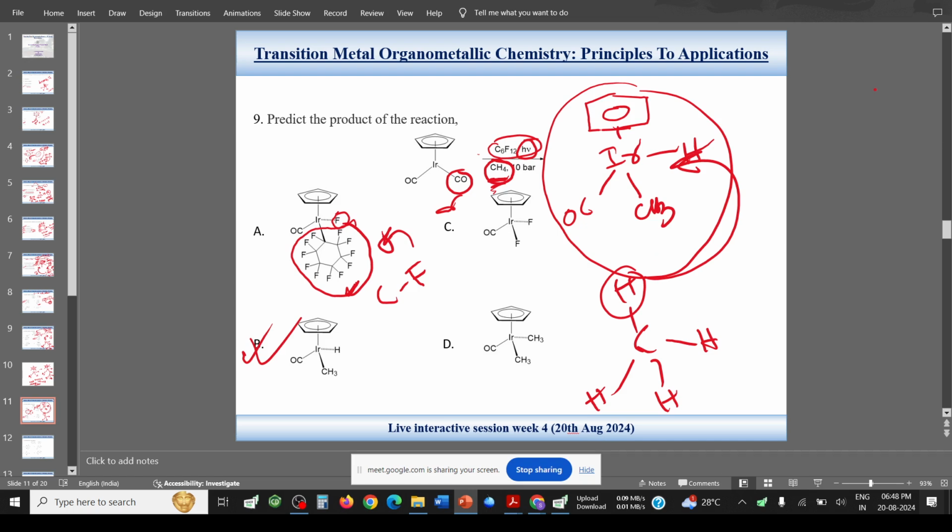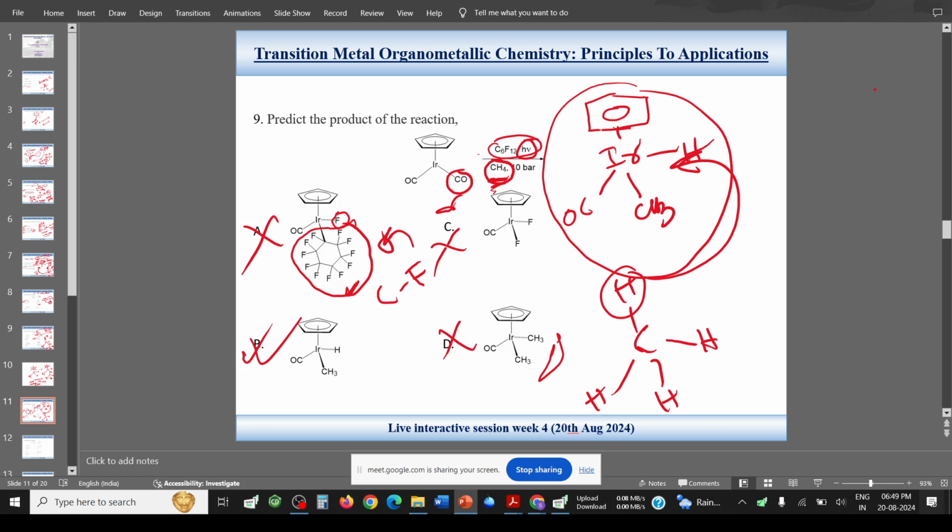The same thing happens for the C6F6: one fluorine goes to the metal center, and that carbon is attached to the iridium center. That will not happen because of the high activation energy. Also, if this does not happen, the fluorine will not come out of the system, so this one is also not possible. As the CH activation is happening, it will make the hydride complex, not the dialkyl complex. So this is also not possible.